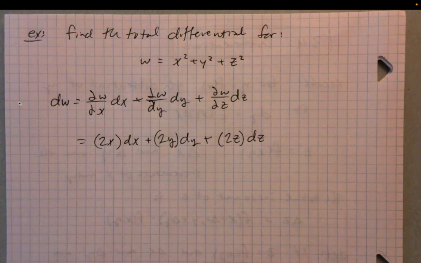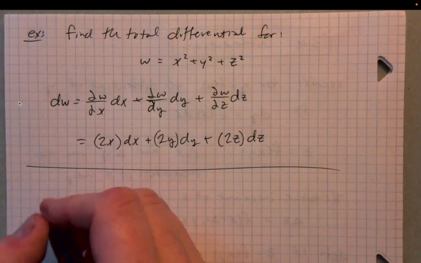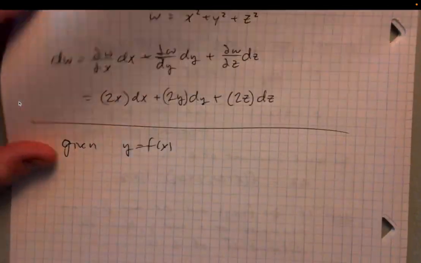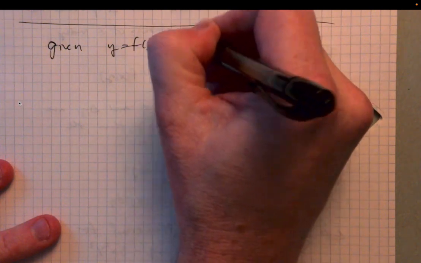Okay, so previously we've discussed how, given a function y equals f of x, if it's differentiable, we could use the differential as an approximation for small delta x to the value of dy.